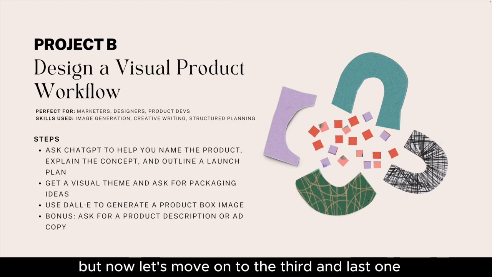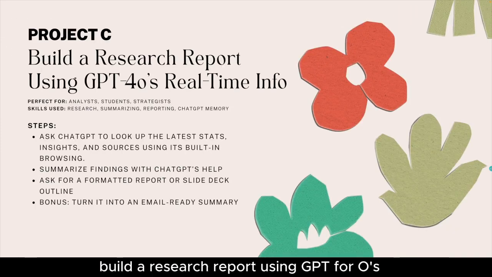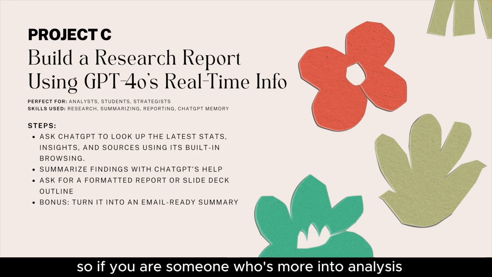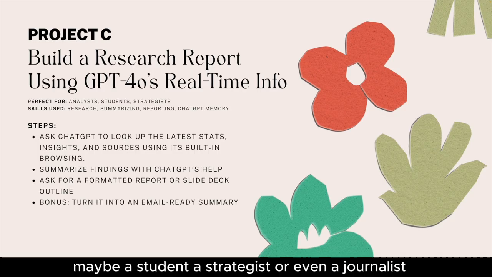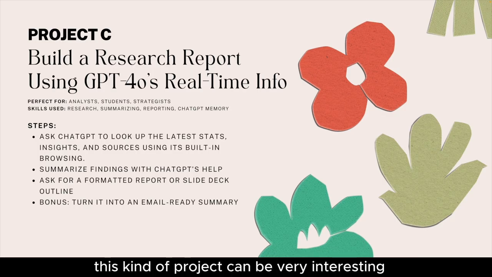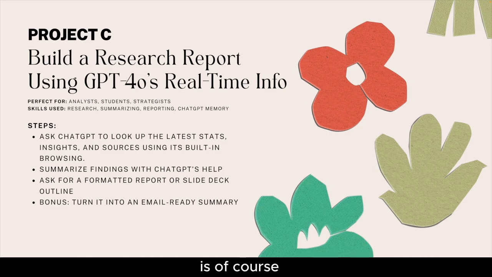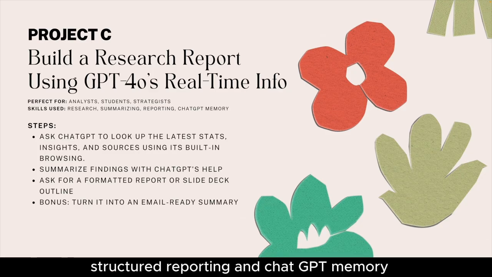But now let's move on to the third and last one, which is Project C. Build a research report using GPT-4o's real-time info. So if you're someone who's more into analysis, maybe a student, a strategist, or even a journalist, this kind of project can be very interesting. The skills that you will need for this kind of project are, of course, real-time research, summarizing, structured reporting, and ChatGPT memory.